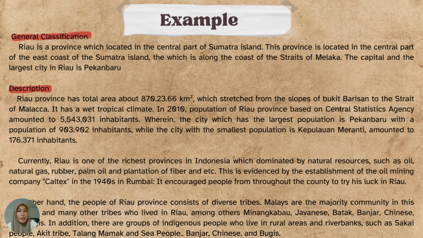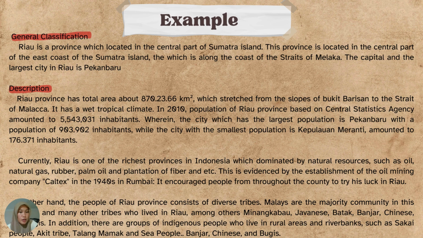The 2010 population of Riau Province, based on the Central Statistics Agency, amounted to 1,543.31 inhabitants, wherein the city which has the largest population is Pekanbaru with a population of 903,992 inhabitants, while the city with the smallest population is Kepulauan Meranti, amounting to 176,371 inhabitants.